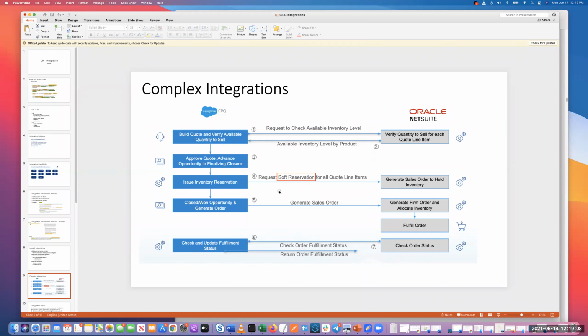And once you do the order, then you order that item. But if the basket is not completed, let's say within 15-20 minutes, you unreserve this item, right? So the unreserving could be done by the ERP itself, or by the ESB sending another integration.